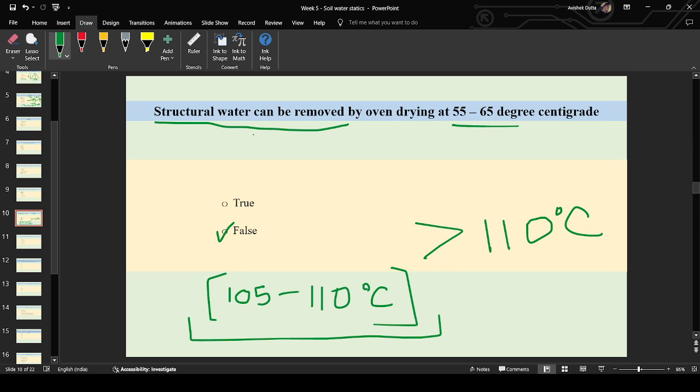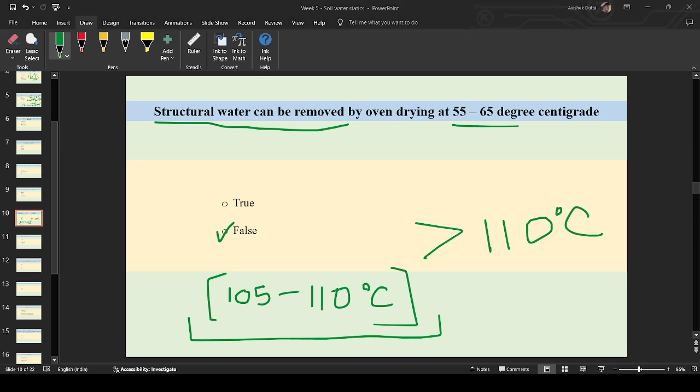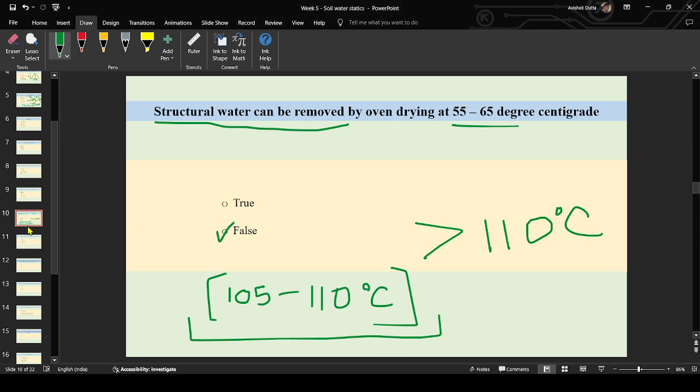So this statement is false. Structural water cannot be removed by oven drying at 55 to 65 degrees centigrade. Structural water can be removed by oven drying at a temperature of more than 110 degrees centigrade. Okay. Next question.